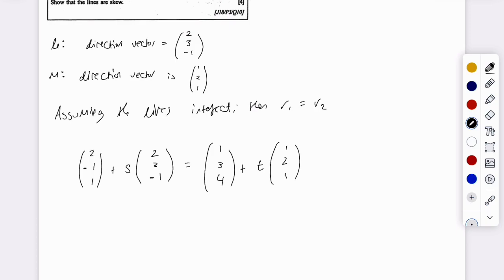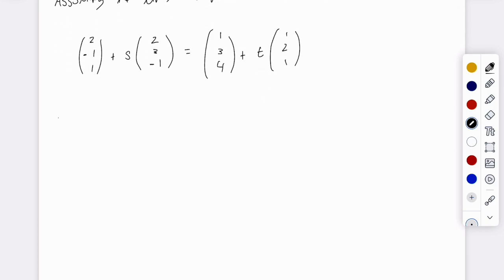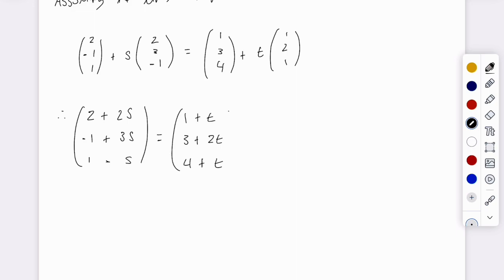Which implies what? What that means is that 2 plus 2s, negative 1 plus 3s, 1 minus s should theoretically equal 1 plus t, 3 plus 2t, and 4 plus t.